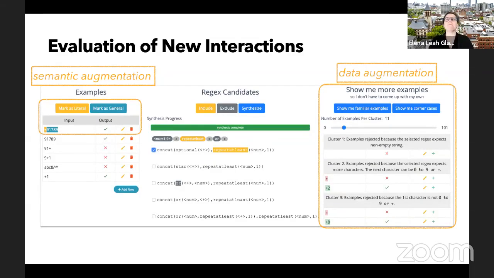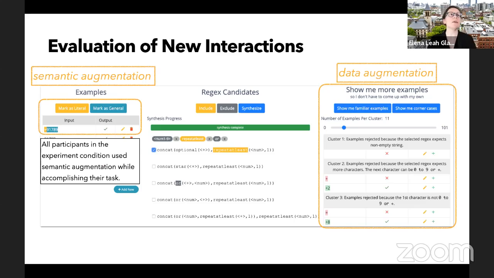So far I've given you a lot of high-level statistics: these folks finished, and this is how long it took them. But let's look at how the introduction of additional interface affordances changed how they made use of the interactive program synthesis system. All participants in the experimental condition used semantic augmentation while accomplishing their task.